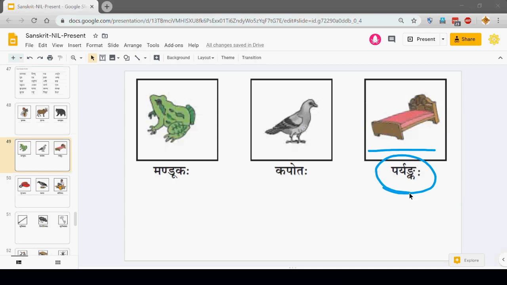The words have the genders. The object itself doesn't have a gender. Sanskrit is one of them. So this plays a very important role in using the language.